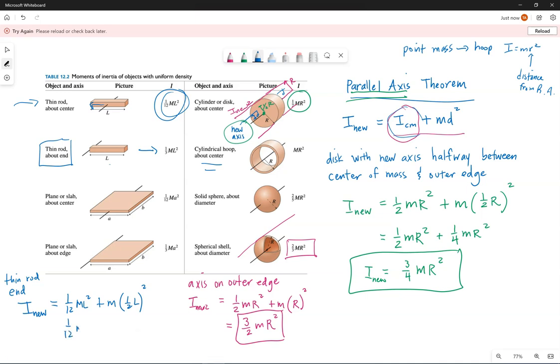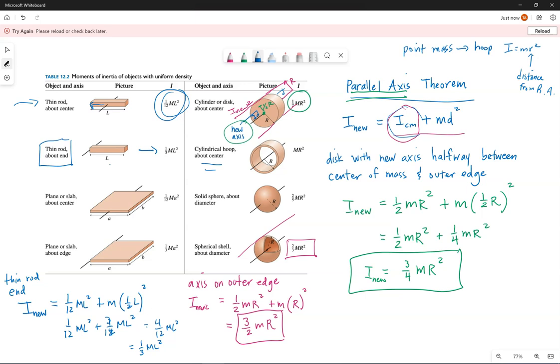So 1/12 ml squared plus, when I square that, I get 1/4 ml squared. Let's see, common denominator, 4/12 ml squared. That is where the 1/3 ml squared comes from.